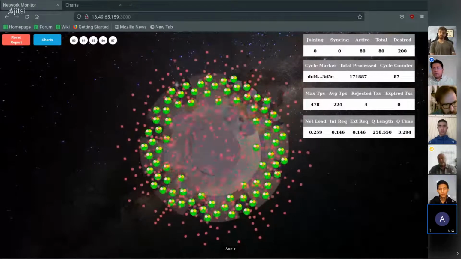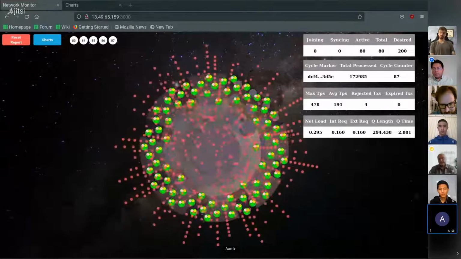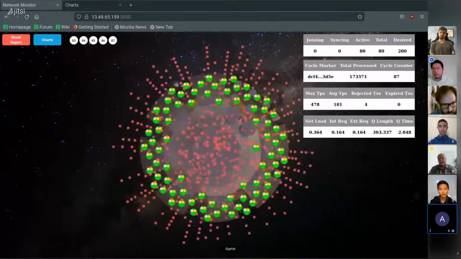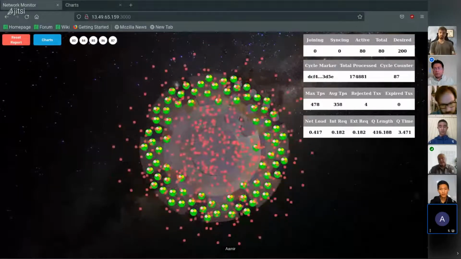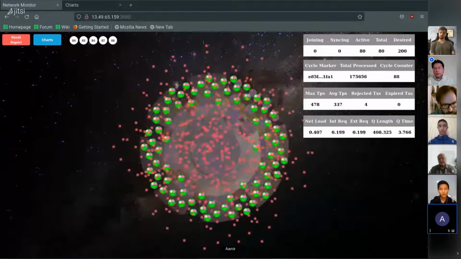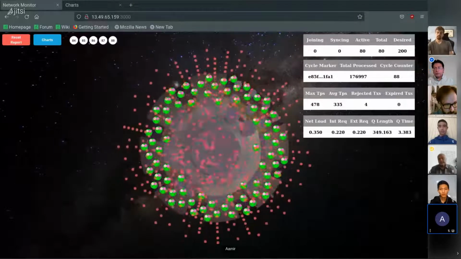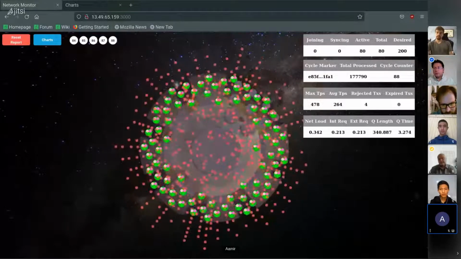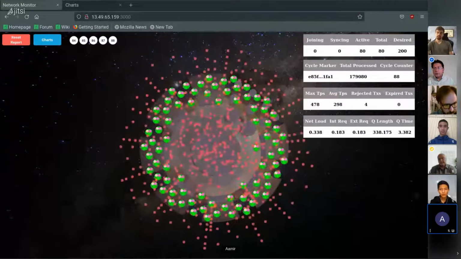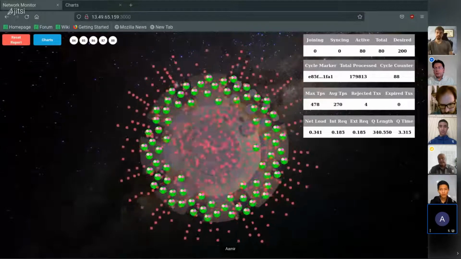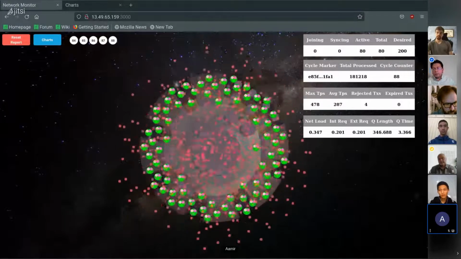So the network has processed about 172,000 transactions so far, and we've had 4 transactions rejected, probably because when we started a new client to hit the network with more load, it may have sent a lot of transactions at once. But as Andrew ups the TPS, we should start to see at some point the network rejecting more transactions.